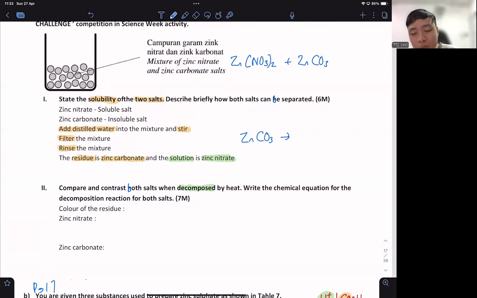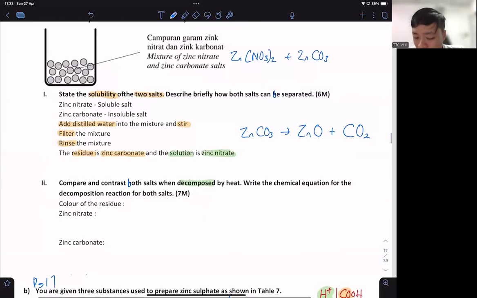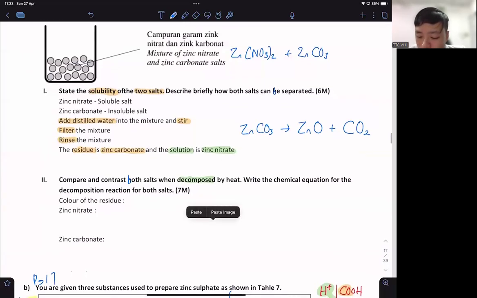Two things, remember? You get zinc oxide and a gas. What's the gas? Carbon dioxide.